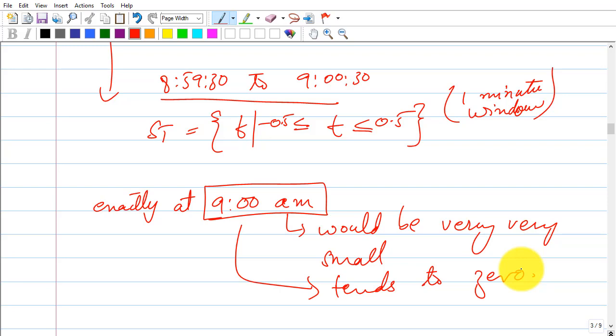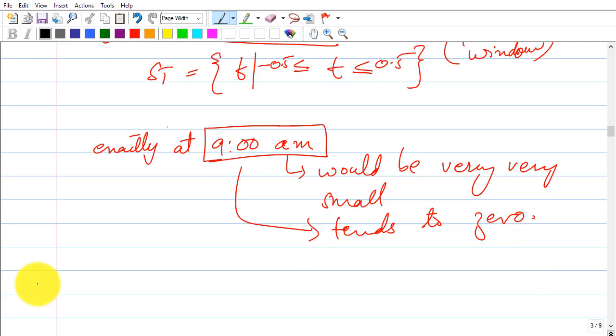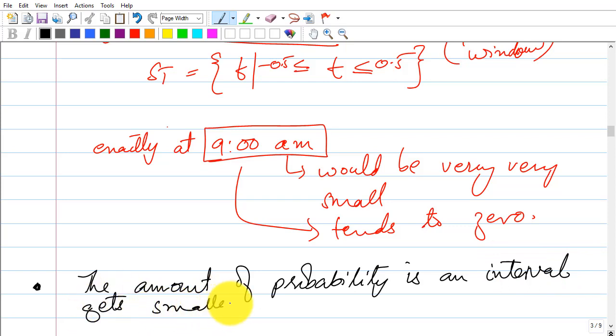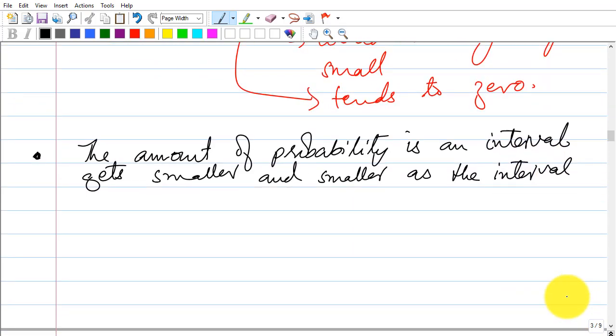So we can say that for the continuous random variable, the amount of probability in an interval gets smaller and smaller as the interval shrinks.